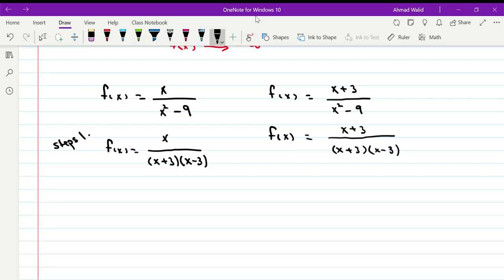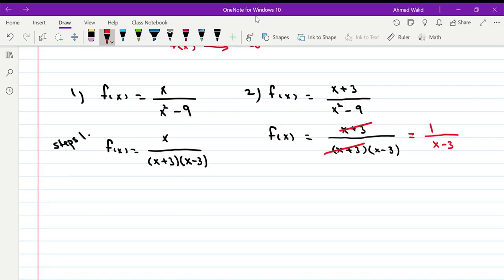In example number 1, I cannot simplify the function, but in example number 2, I can. Correct? In example number 1, there is nothing common between numerator and denominator. But in example number 2, you can cancel x plus 3 with x plus 3, and you will end up with 1 over x minus 3.